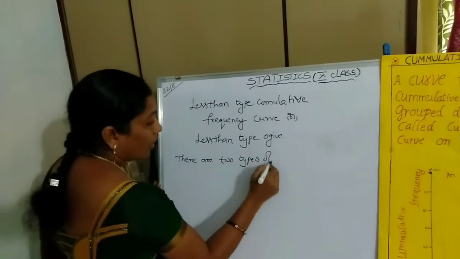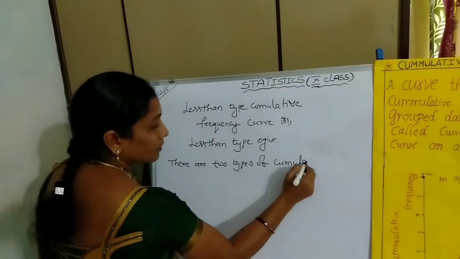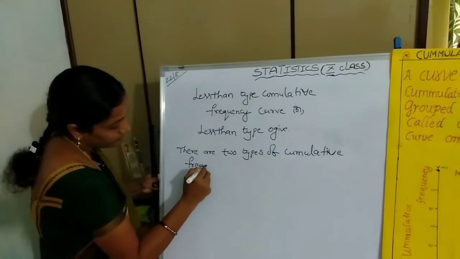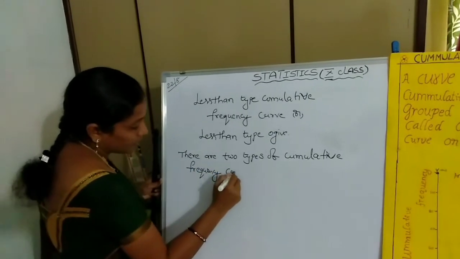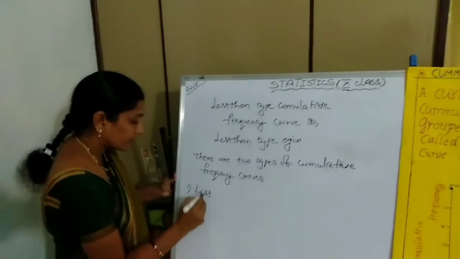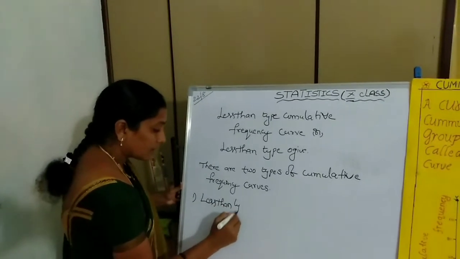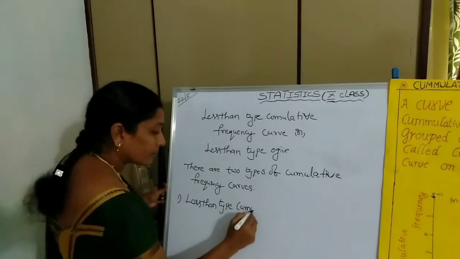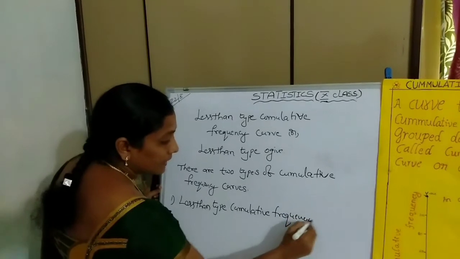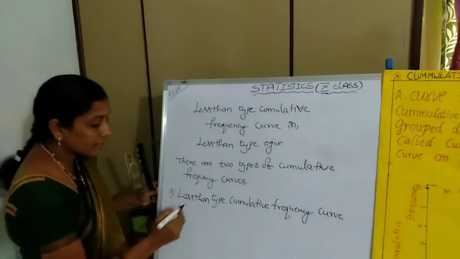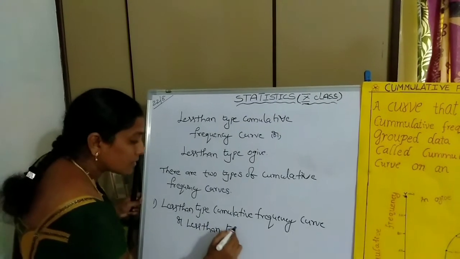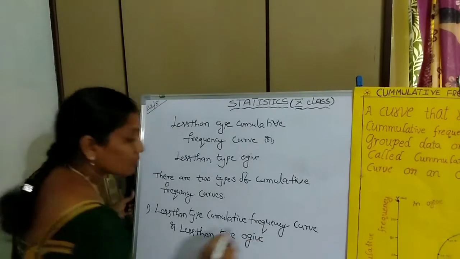The first one is the less than type cumulative frequency curve, or another name, less than type ogive. We can pronounce it as "ojive".